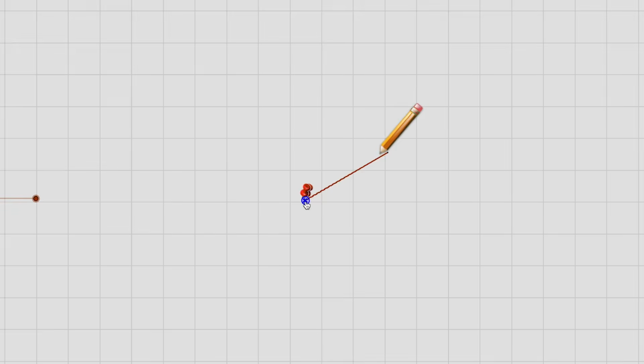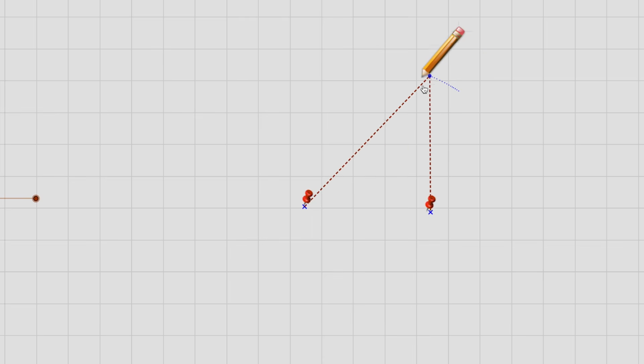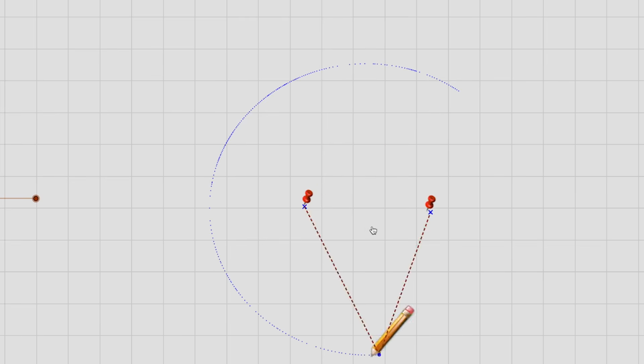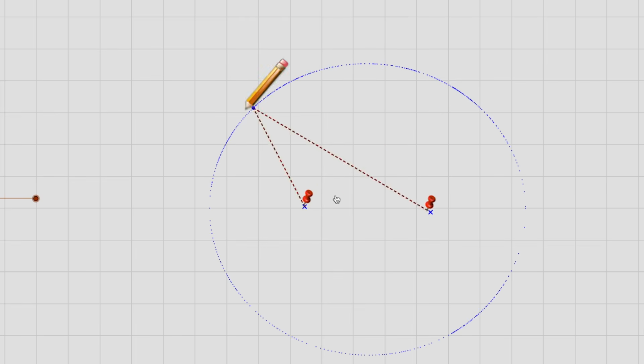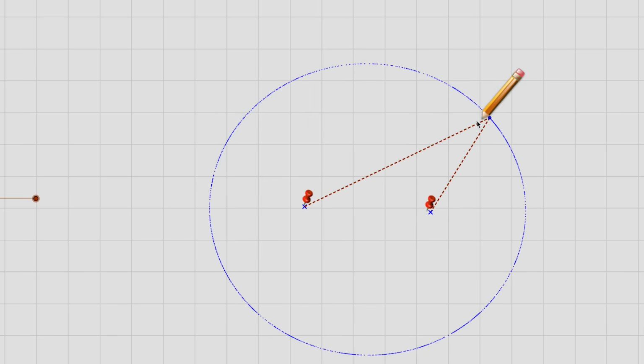All the points on the curve would have an equal distance from the center. Now if I separate the two nails and create a curve with the same method, it would be an ellipse. All the points in an ellipse would have a constant total distance from these two points. So an ellipse is basically a circle with two different centers.